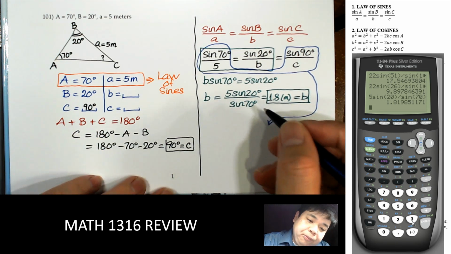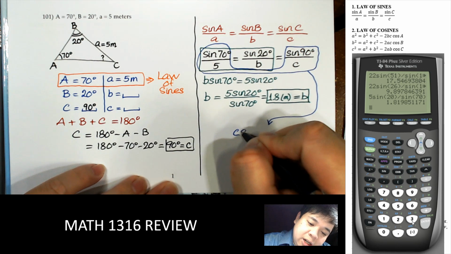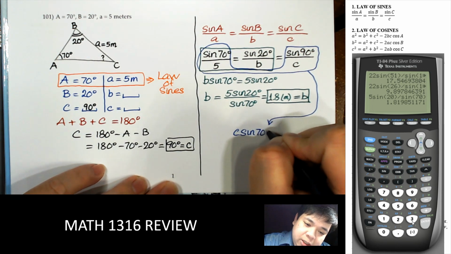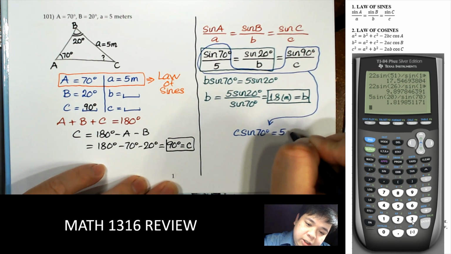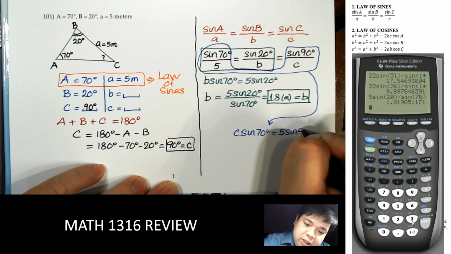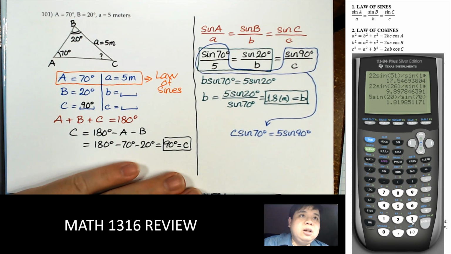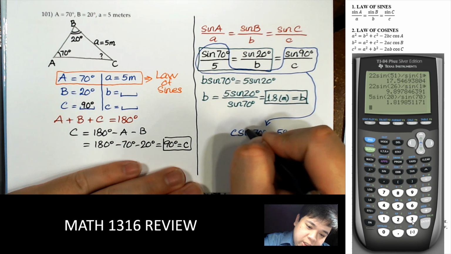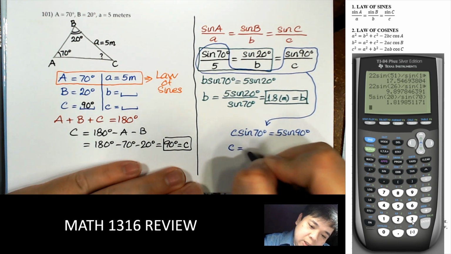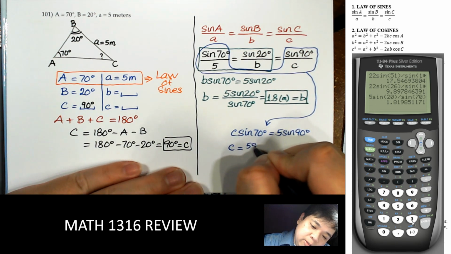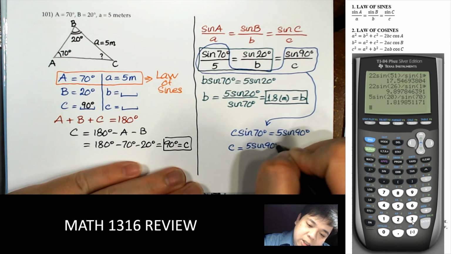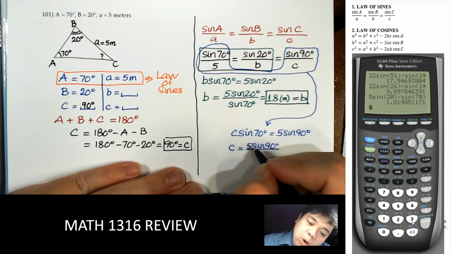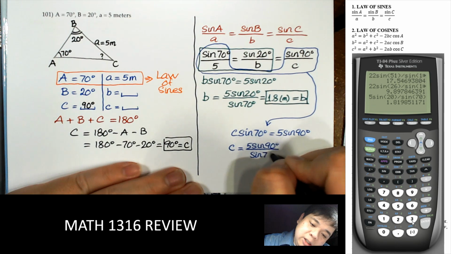Cross multiply: c sine of 70 degrees equals 5 sine of 90 degrees, and then we solve for c. 5 sine of 90 degrees, which is 1 by the way, over sine of 70 degrees.